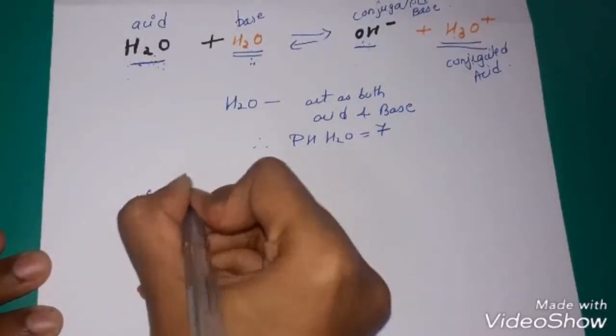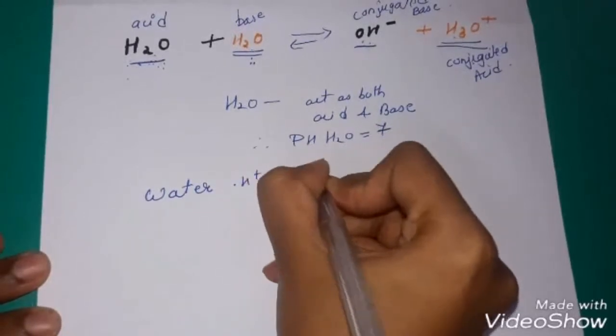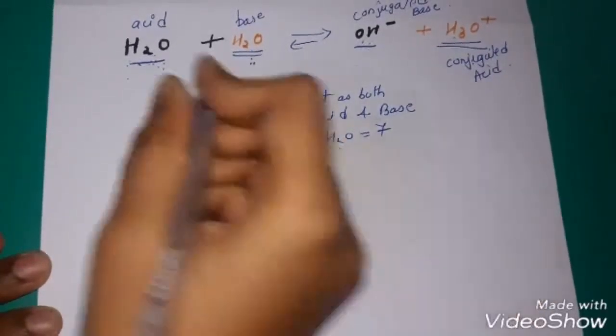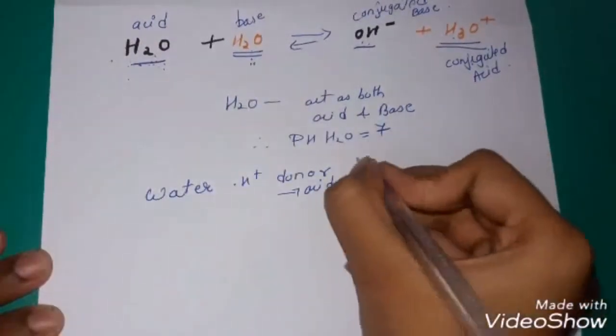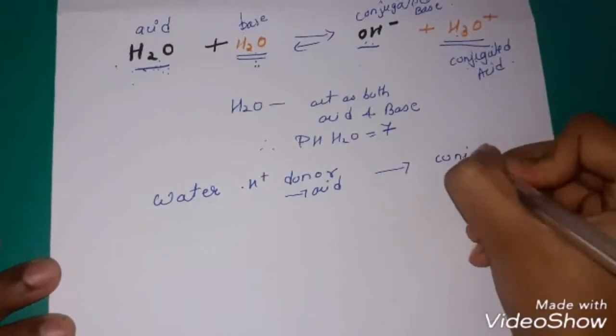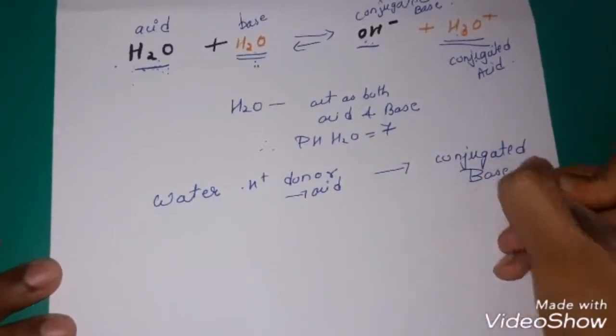So we can tell that water is a proton donor, which works as acid, and it gives this product which is known as conjugated base.